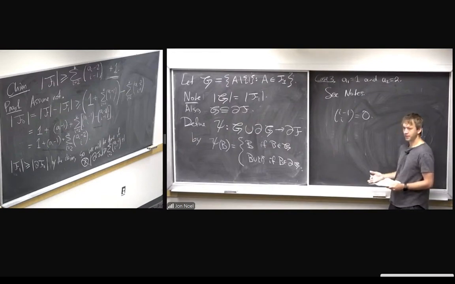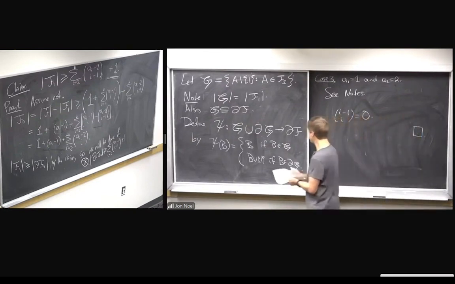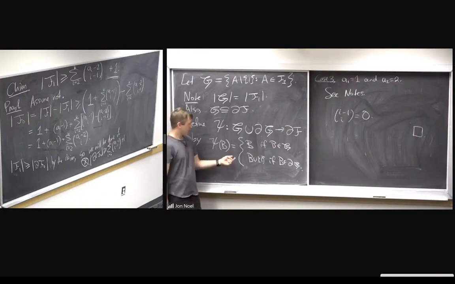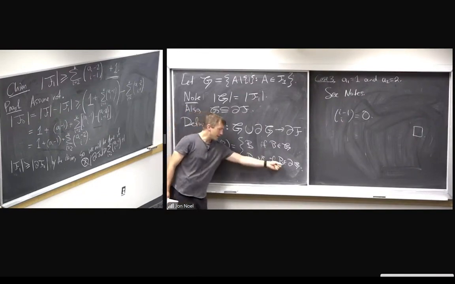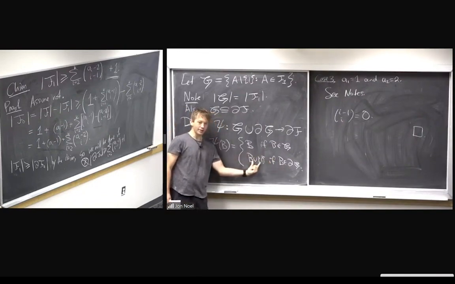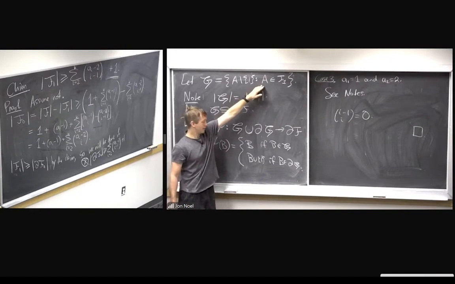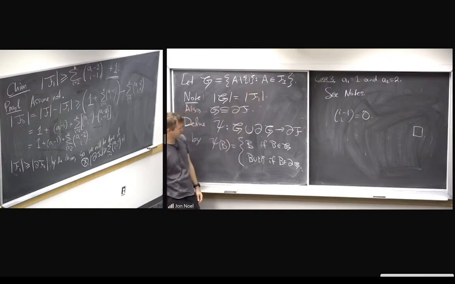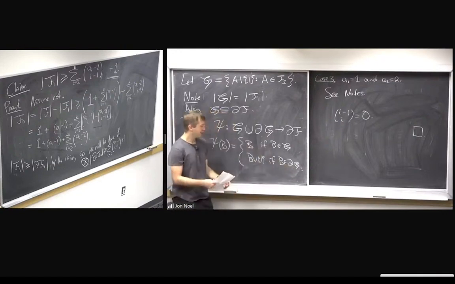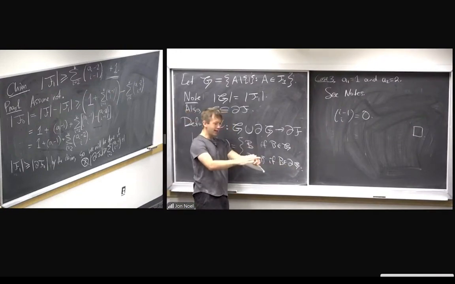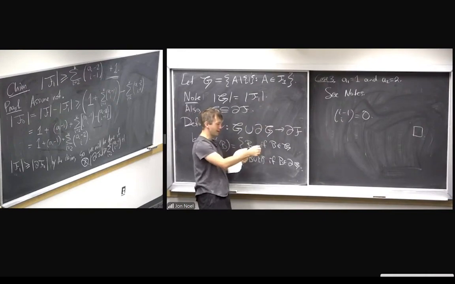So maybe we need some justification why this works. If B is in the shadow of G, I claim B union 1 is in the shadow of F. The reason is, look at the set A. To be in the shadow of G, you take a set A in F1, you delete one from it, then you delete something else.